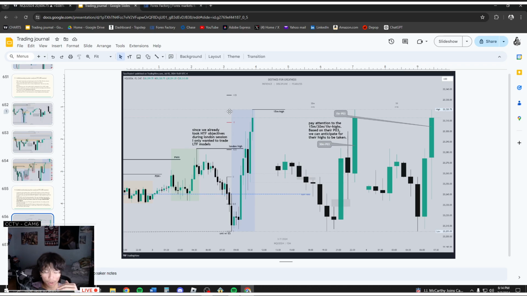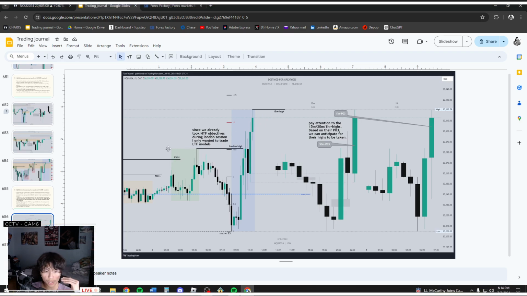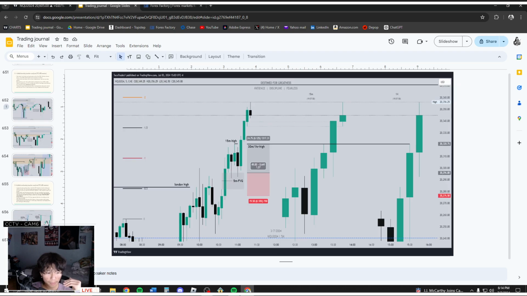I don't have any targets to aim for after we take out previous week's high, which is essentially the all-time highs, so I'm just trading lower time frame models. Like I said, rinse and repeat: I go onto the lower time frames to see if there are any FEGs that support the idea of us taking out that 15-minute high, 30-minute high, and hourly high.